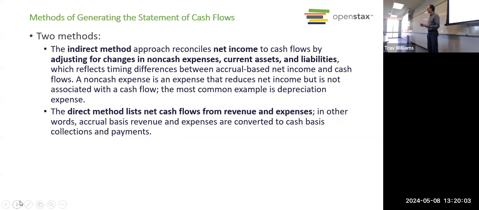So for most companies, that's where most of the cash is coming in and going out. The other areas, the investing cash flow and the financing cash flow, tend to be smaller. And it's this operating section that has 2 methods, the indirect and the direct.